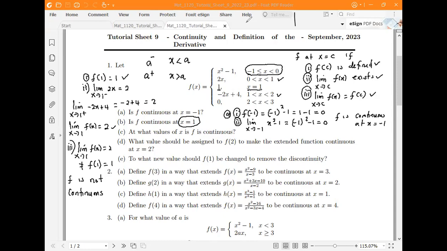And so we must check if f is continuous at... Maybe we should first answer which one now.